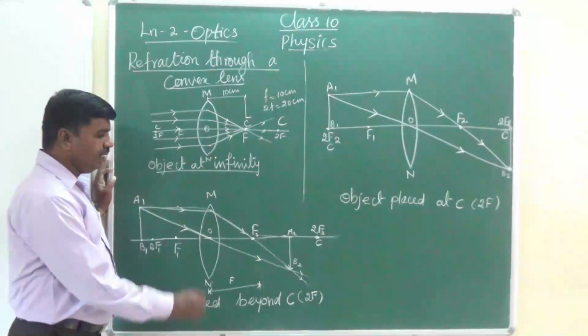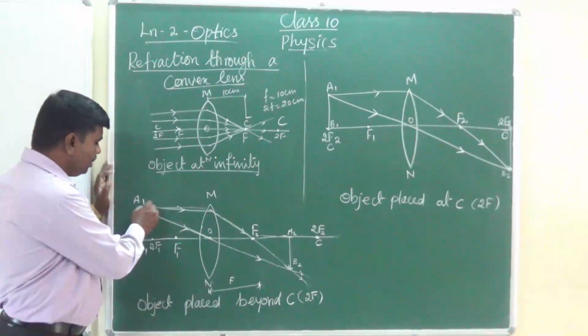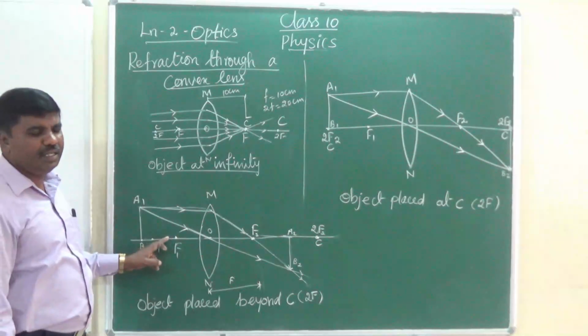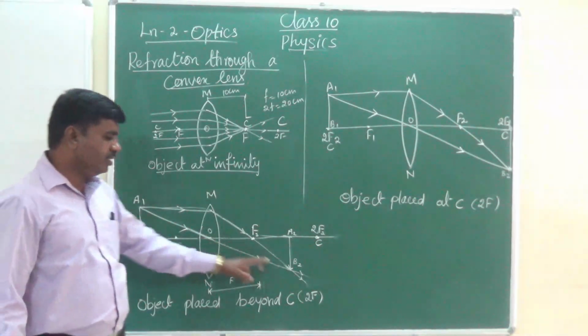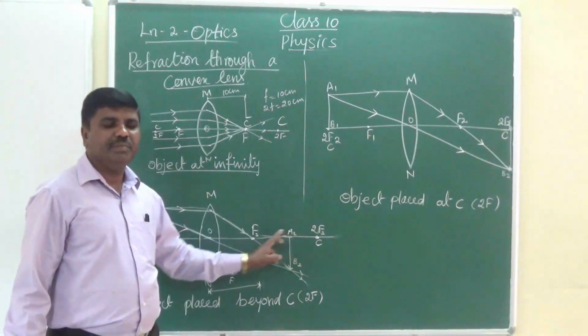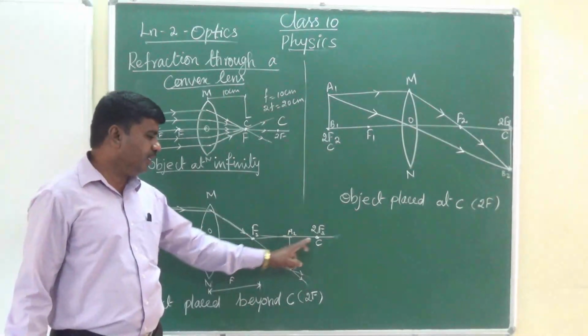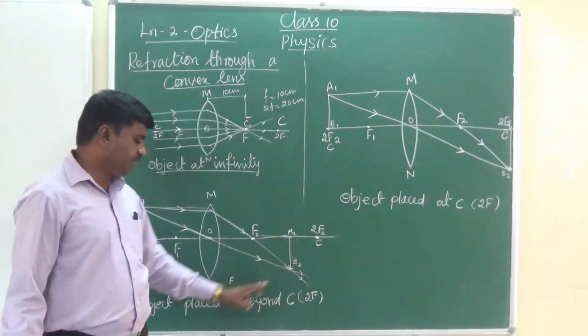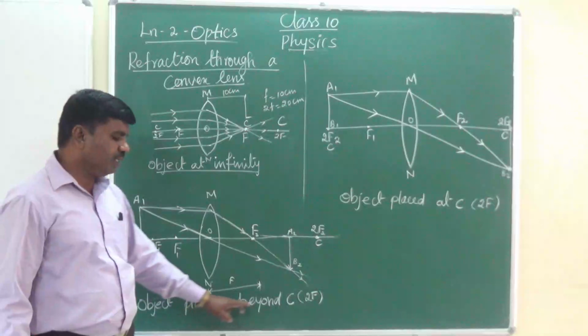So when the object is beyond 2f, the image falls in between f and 2f. Okay, so that is the object placed beyond C.